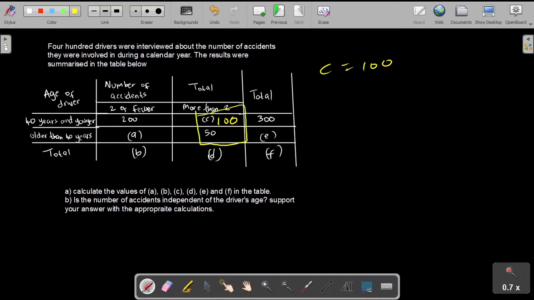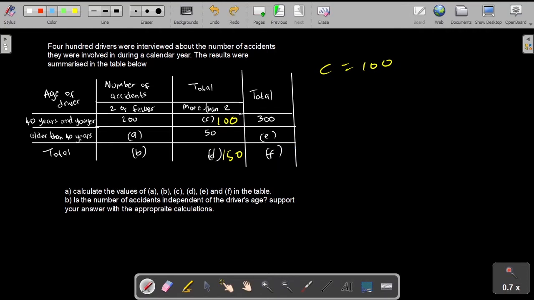Once again, you add your rows, find the total there, and your columns, find the total down there. So now that we have a value for C and a value there of 50, you can add these two to get 150. And now we have an additional value here, but not enough information for B, but we actually do have enough information, because the final value that you have here should correspond to the total number of people involved, the total number of items if you're dealing with items.